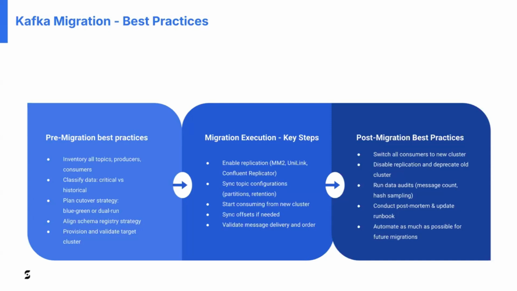By the way, this dual run strategy is supported by UniLink, and we saw it in the demo when the StreamNative consumers started to consume the data before the switch, right? In progressive migration, you migrate topic by topic or team by team. Ideal for large organizations or low-risk rollouts.